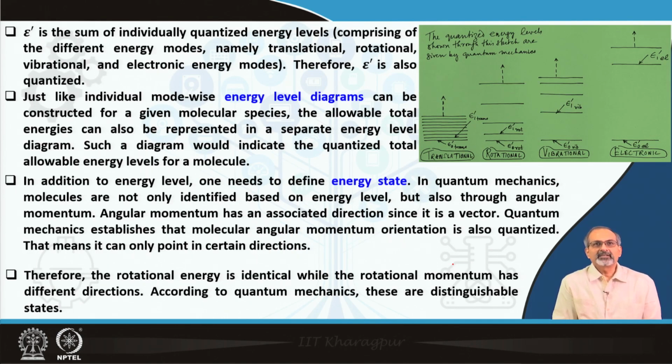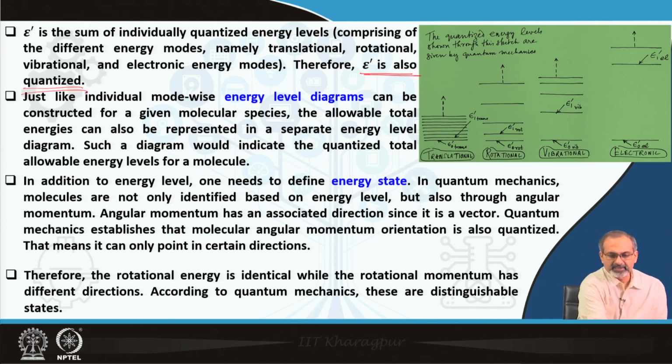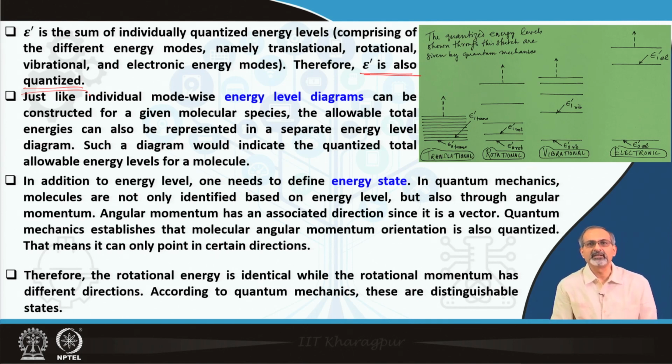So, epsilon dash is the sum of individually quantized energy levels comprising the different energy modes. Therefore, epsilon dash is also quantized. Since the entities which make up epsilon dash are quantized, epsilon dash itself will also be quantized. So, this is an important concept which we will be needing very soon.